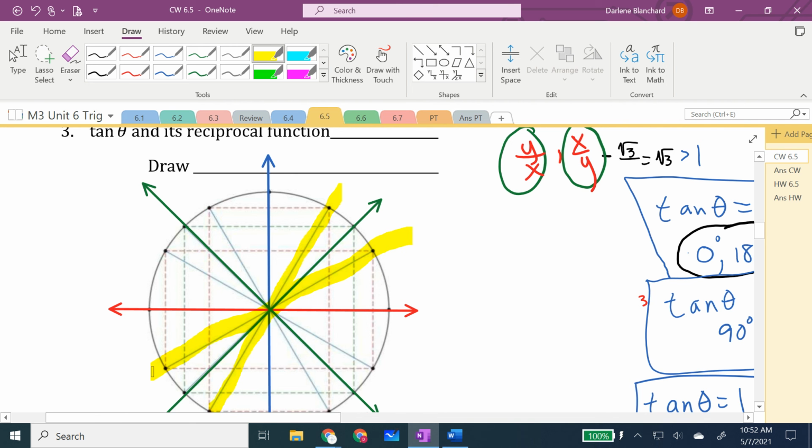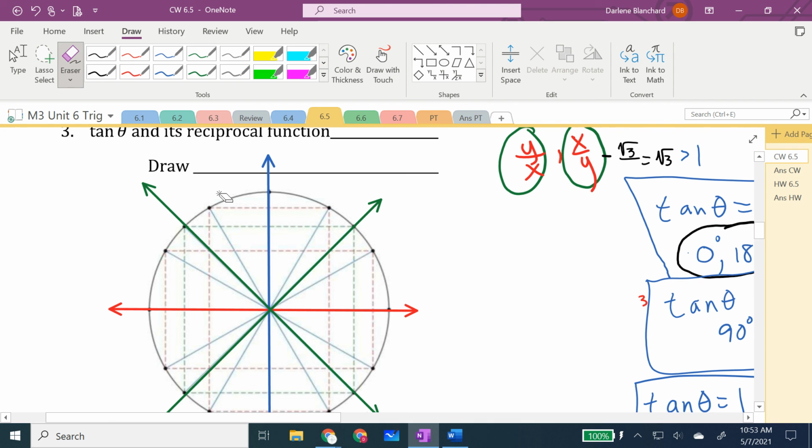The less steep positive slope is where tangent is 1 divided by root 3. These are both positive slopes. However, cotangent reciprocates that. So where you have a slope of 1 over root 3, that's where cotangent is root 3 over 1. Where you have the steeper slope of root 3, cotangent is 1 divided by root 3.